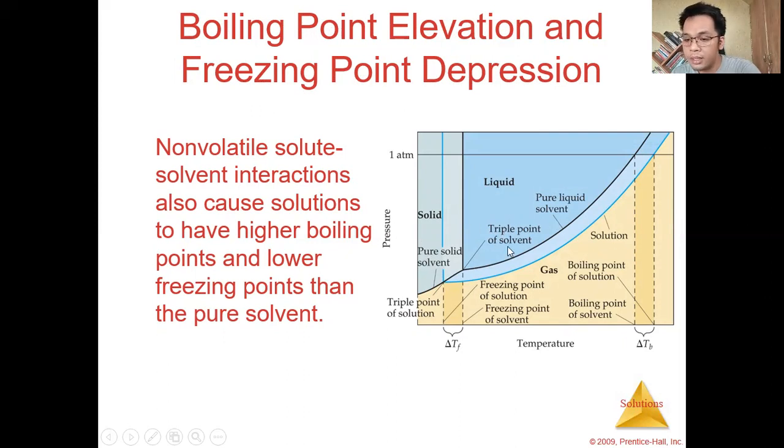And this one here, as you can see, is a triple point, which at a certain pressure and temperature shows the solid, liquid, and gas states of matter of a specific substance existing at the same time.